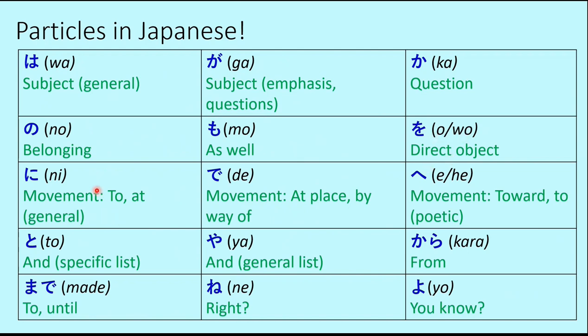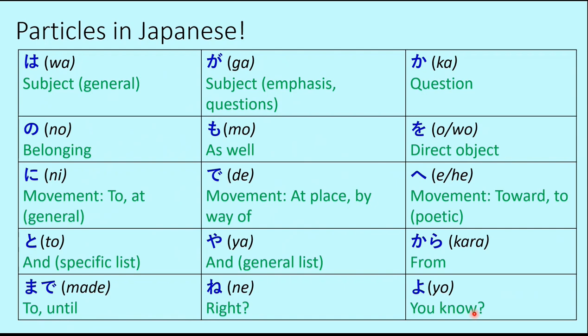Then we have these three particles ni, de, and e for implying different kinds of movements. We have to and ya for conveying the meaning of and. Then we have kara, from, and made, to or until. Then we have two more particles ne and yo, which mean right or you know.